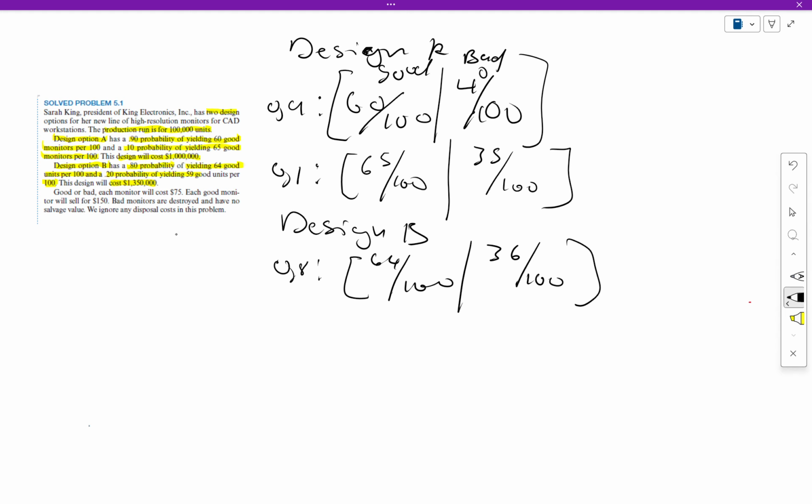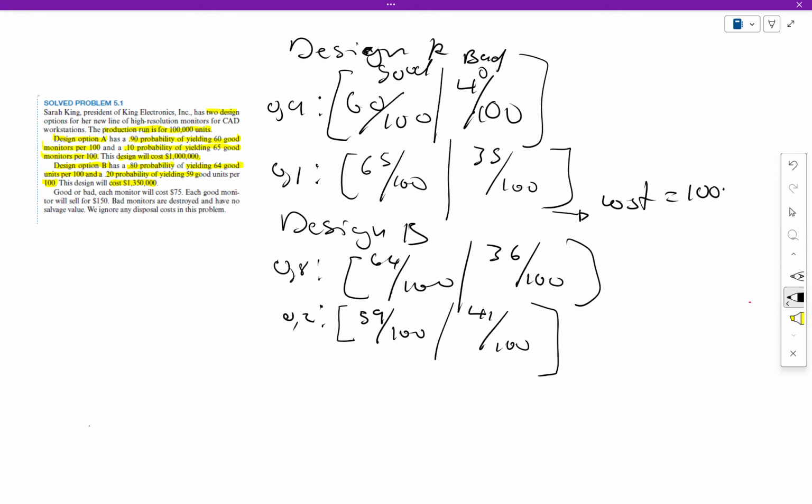And you need a 0.2 here. The probability of 0.2 will yield 59 over 100, and 41 over 100 will be bad, and the cost is 1 million.